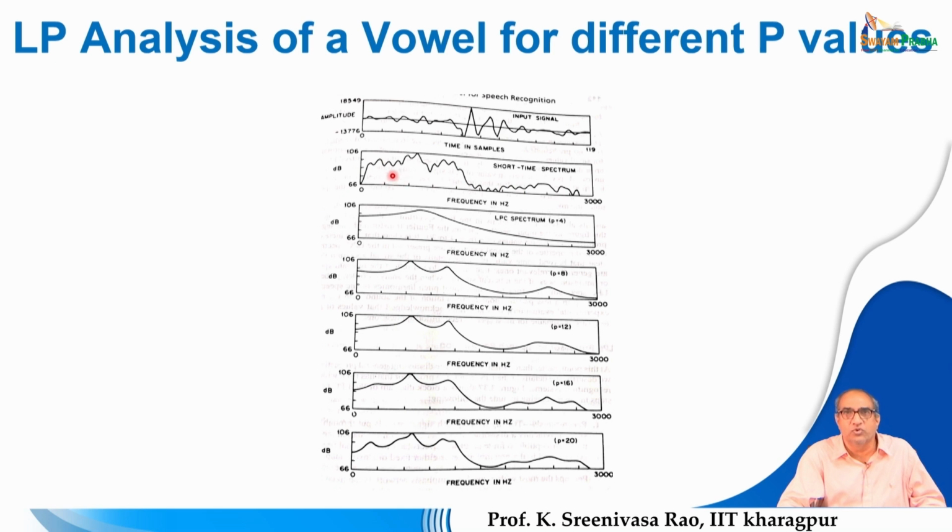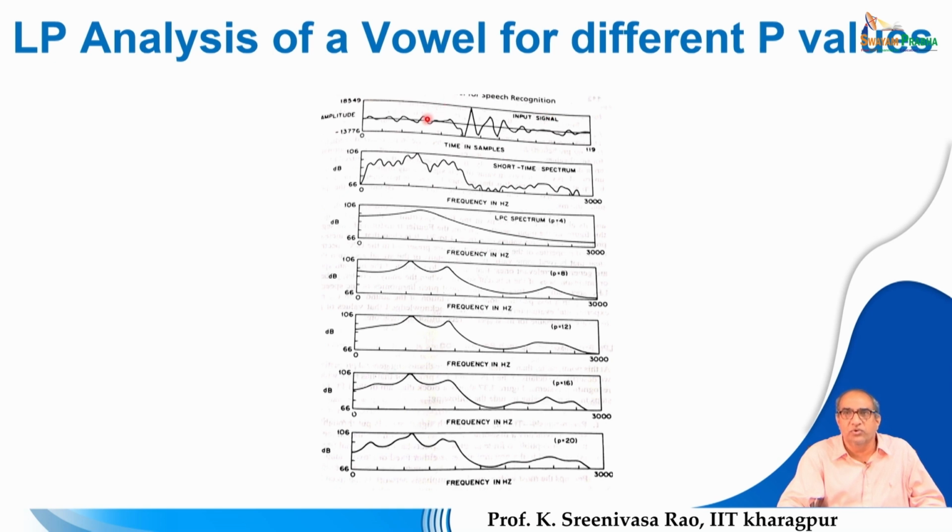But this is the true spectrum, the true spectrum of the speech segment corresponding to this vowel segment. Whereas if you perform linear prediction analysis on this speech signal, we know this speech segment, and from it we compute the linear prediction coefficients corresponding to this particular speech frame.